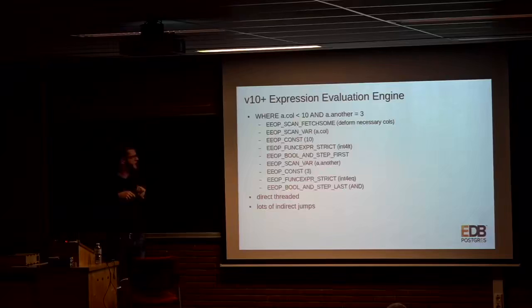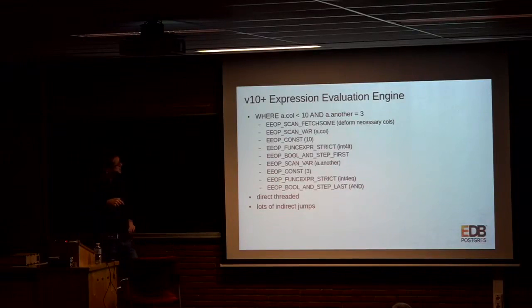For example, this one might already return false, in which case we do not have to evaluate the second part of the AND, because if it returns false, the whole expression can't be true. So we can jump directly to the end of the expression. And then, if it's true, we have to evaluate the value of the 3, and then are those two column values the same?